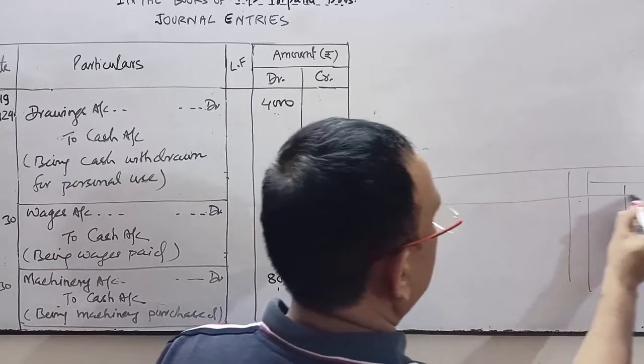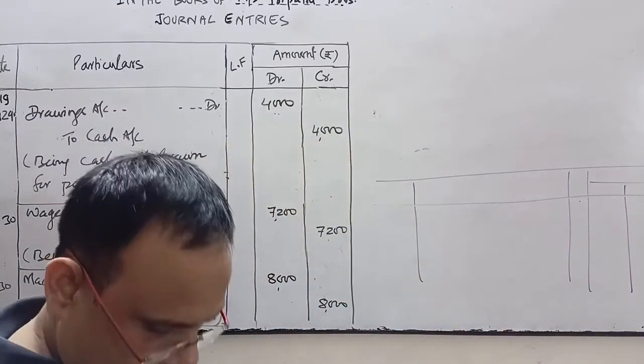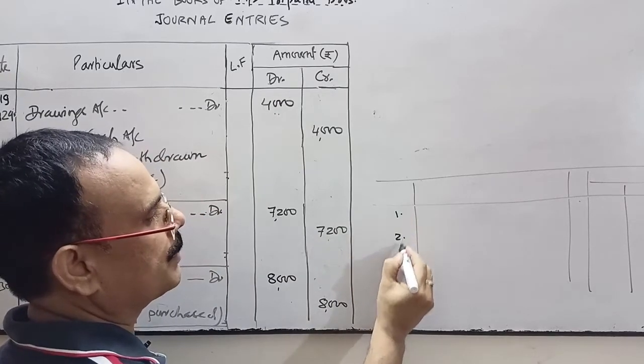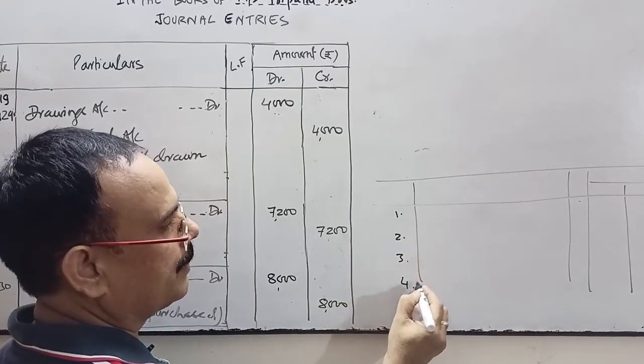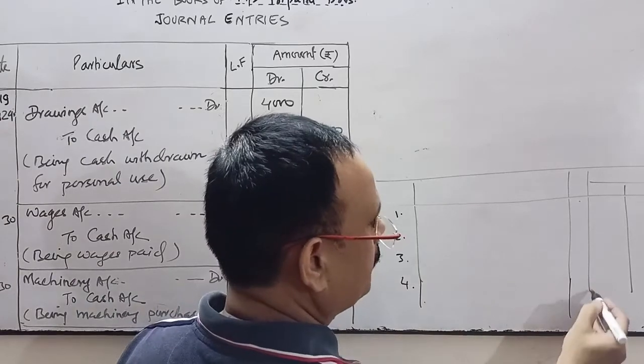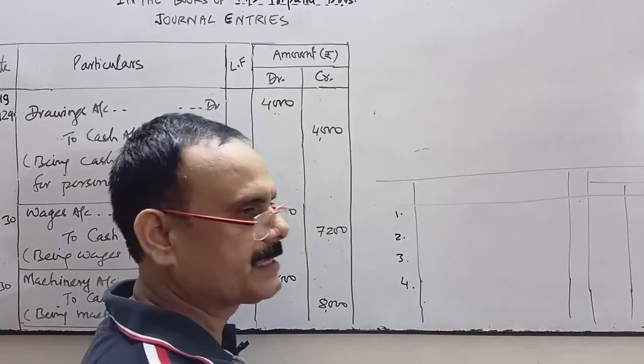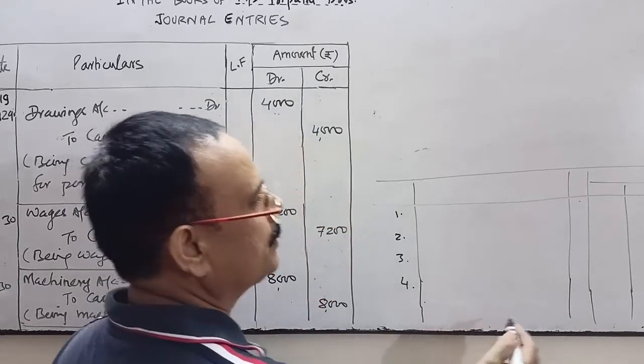You have recorded number 1, number 2, number 3, number 4, and thereafter your page is over. There is no space in this page. Then what do you do?